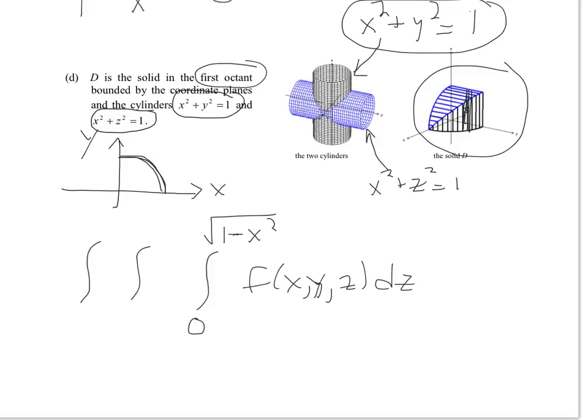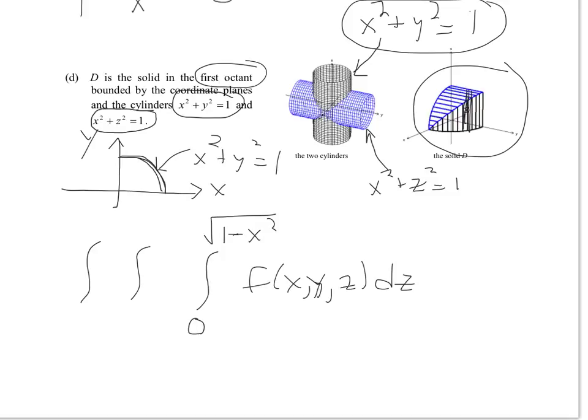Only a quarter circle because, remember, the solid lies entirely in the first octant, and in the first octant, x, y, and z are all greater than 0. And so we only want to consider the portion of the unit circle that lies in the first quadrant in the xy plane. So that's a portion of the circle x squared plus y squared equals 1.